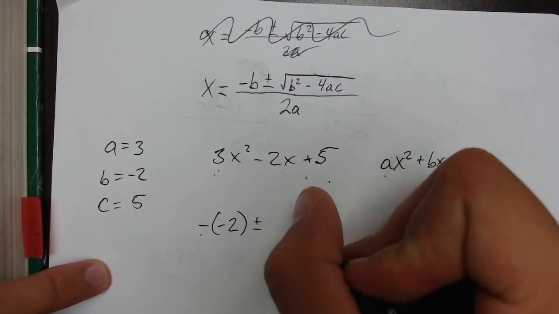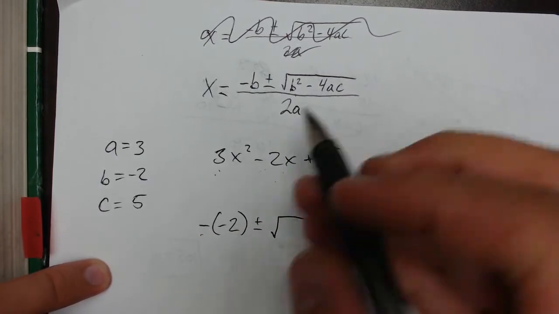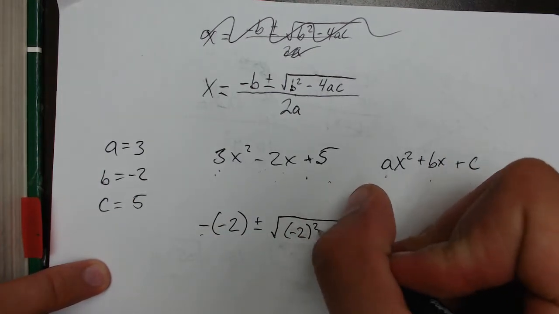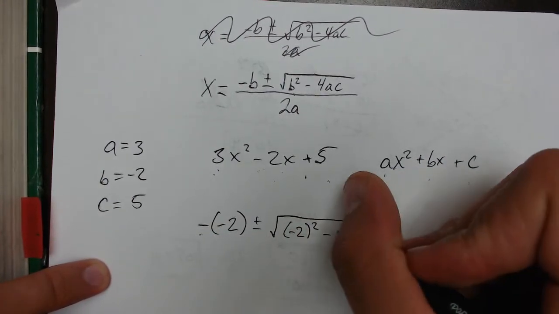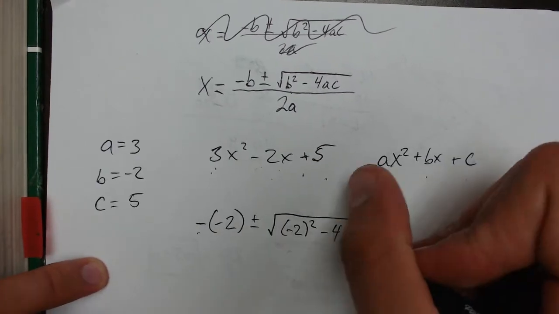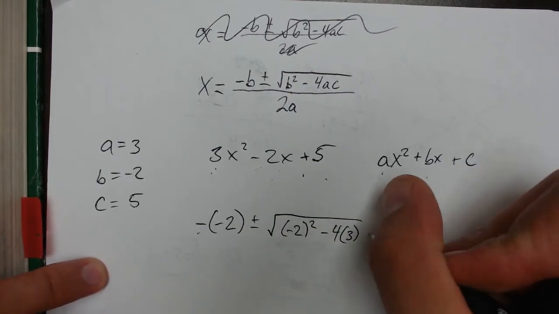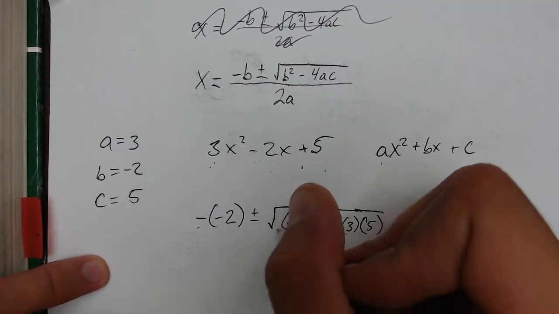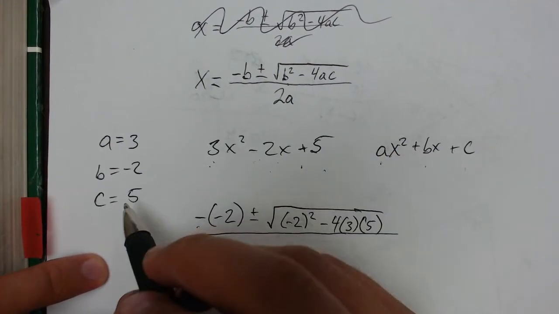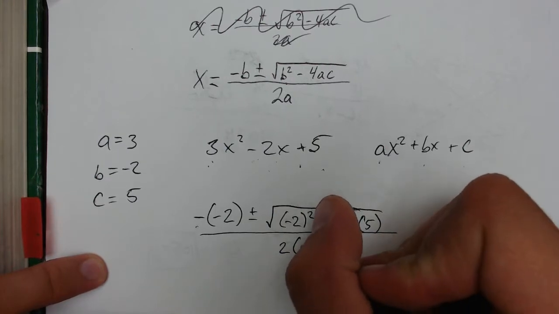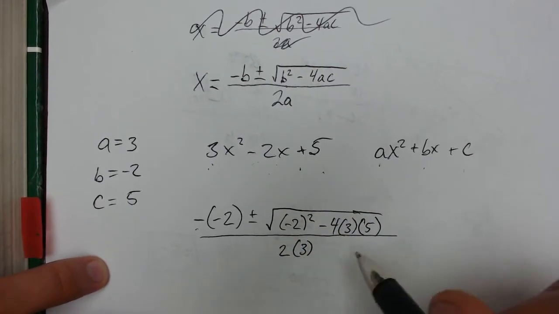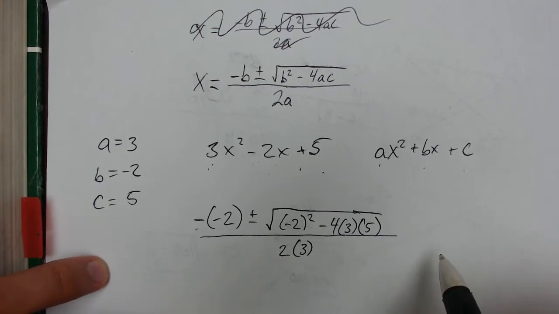Then we put our plus or minus square root of b squared, or (negative 2) squared, minus 4 times parentheses a, which is 3, and then c, which is 5. Now, put all of that over 2 times a. All right, so this is our plug-in method. We substitute. Now all we have to do is simplify this and we have our answer.